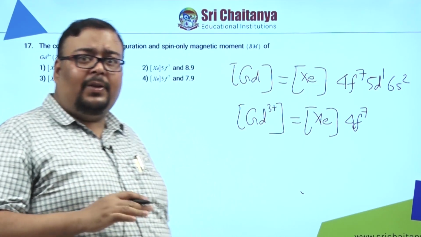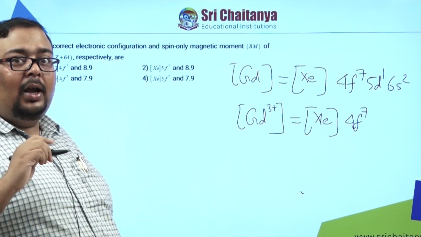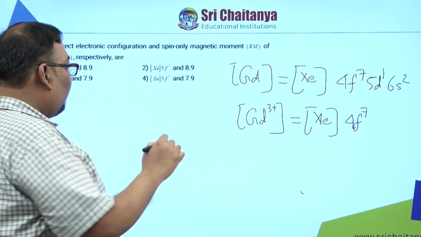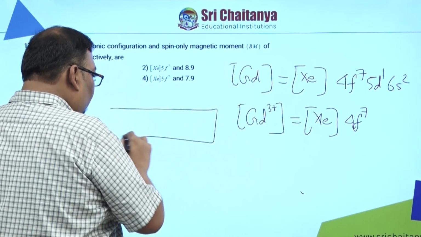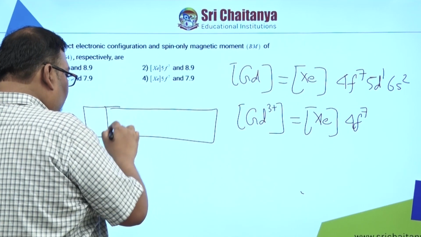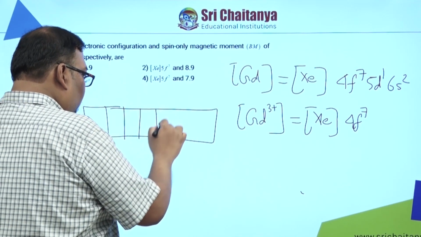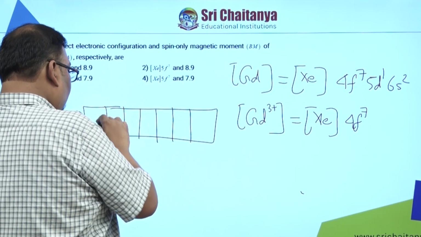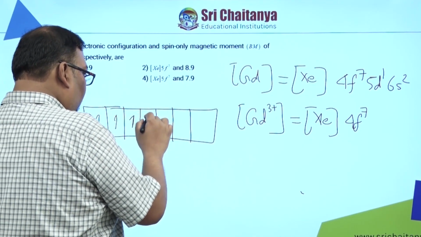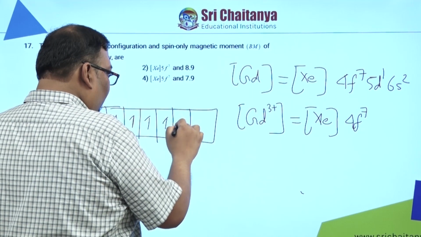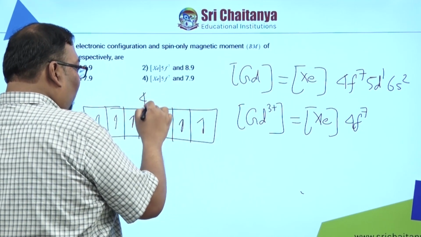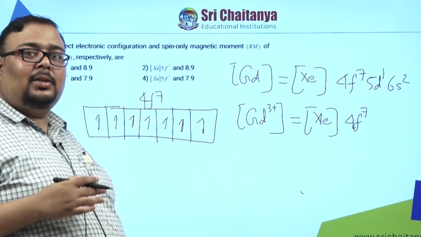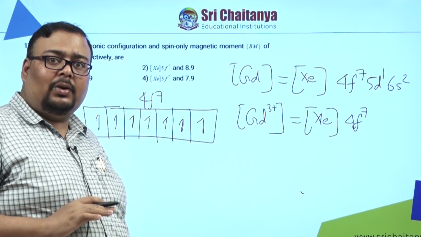Now you see, 4f7 is a half-filled configuration in which all the 7 orbitals are singly occupied. So if I am drawing the 4f7 configuration, it looks like this. And in the xenon core, all the electrons will be paired.